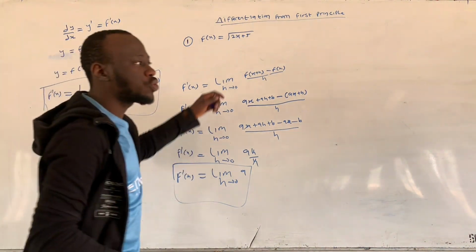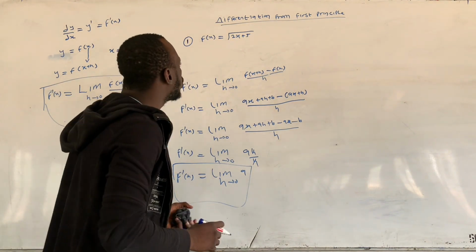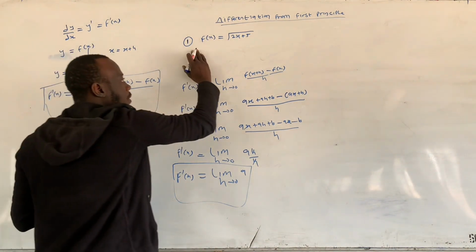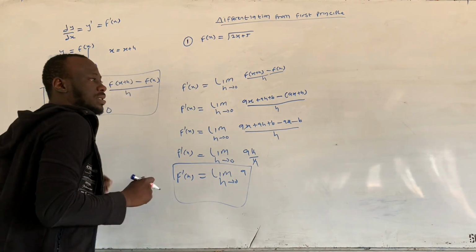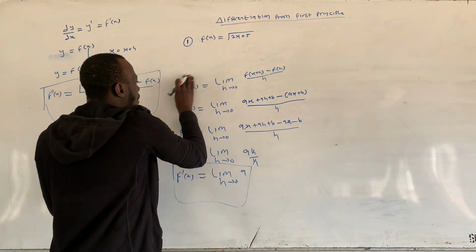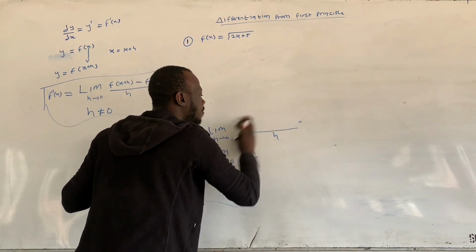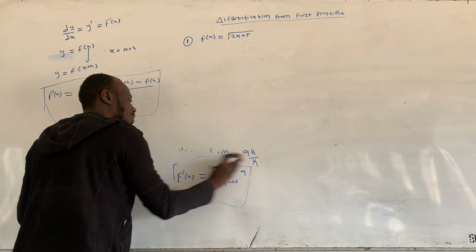Normally we can solve this question using chain rule, but we were asked to use first principle to solve this question. So now I want to clean all this so that we can solve this beautiful question.